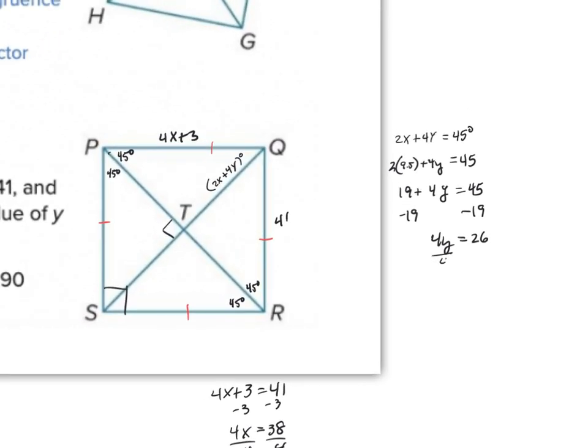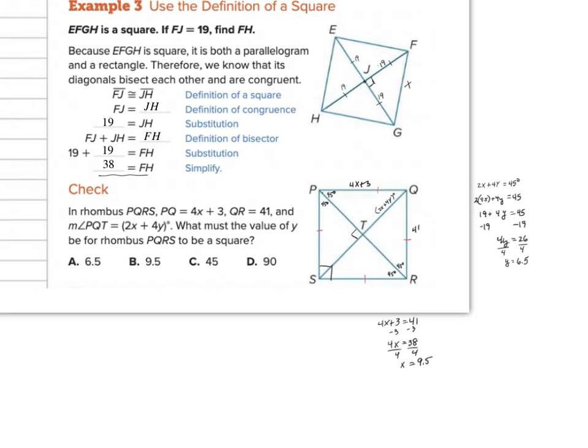Seems okay so far. Divide both sides by 4, and y is going to be equal to 6.5, I think. Okay, so 6.5, and it says, what must the value of y be for the rhombus to be a square? In order for it to be a square, y needed to be 6.5. There you go.